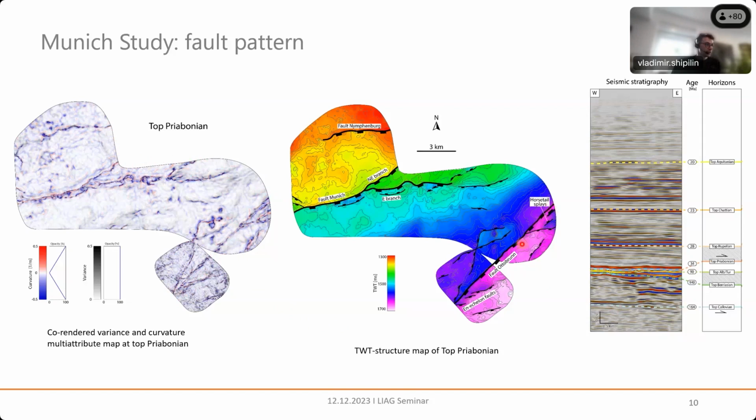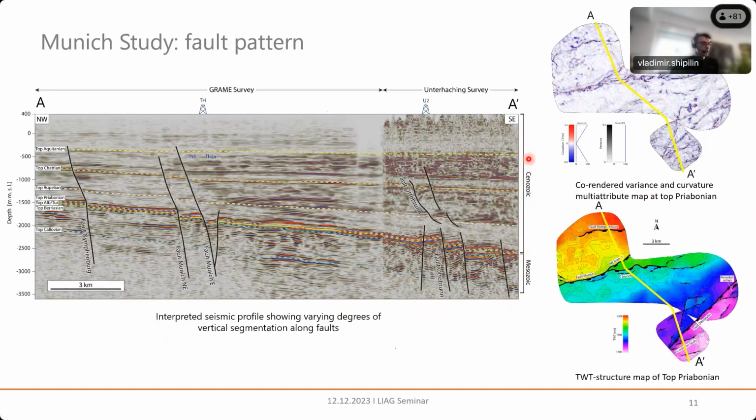This is fault Ottobrunn, and on the two-way time structure map, we can see my interpretation of faults.